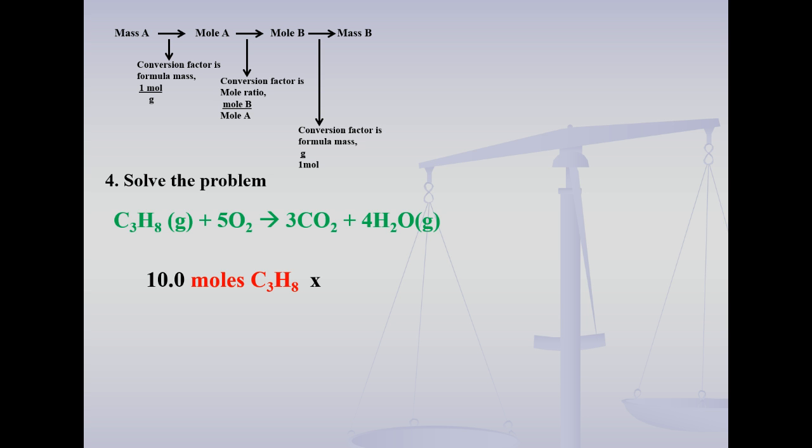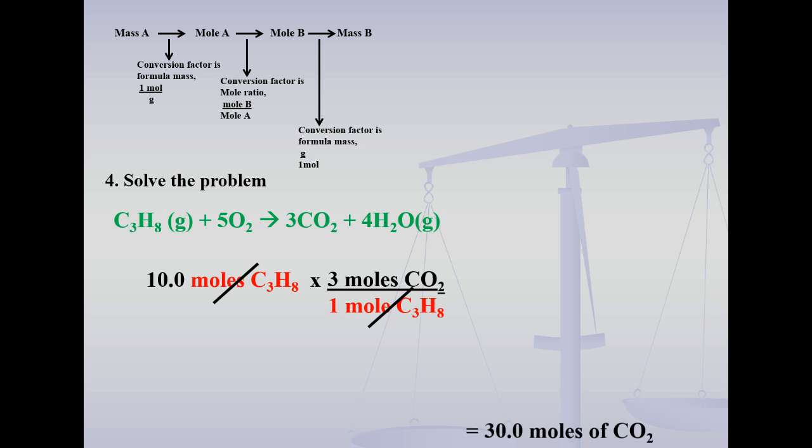You're going to multiply by the mole ratio. Unknown is going to be on the top, so 3 moles of carbon dioxide over 1 mole of propane. Divide out your common units, moles of propane, and then round to the correct number of sig figs, which is 30.0 moles of carbon dioxide.